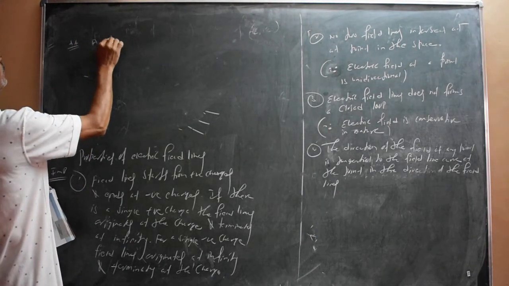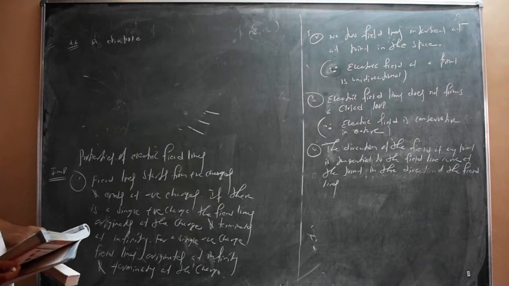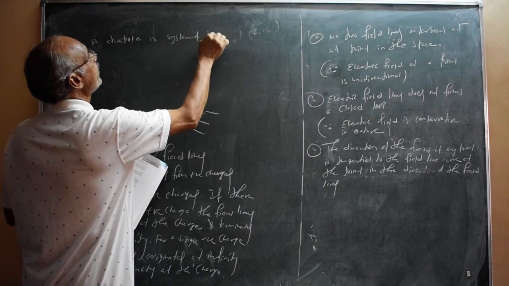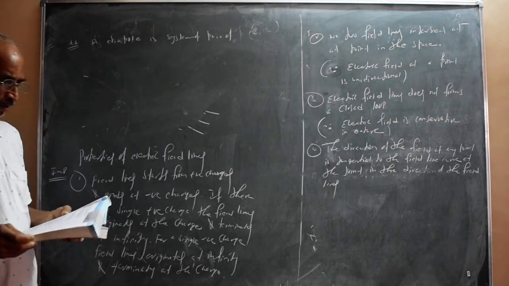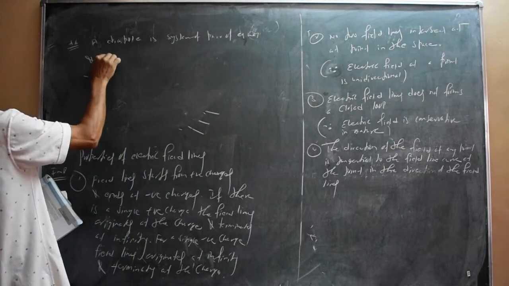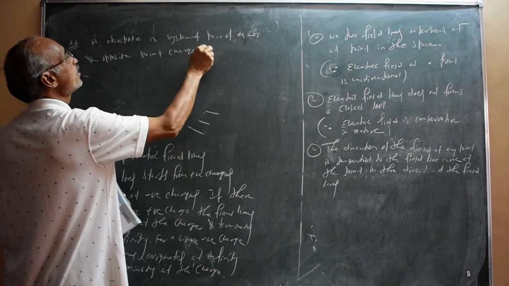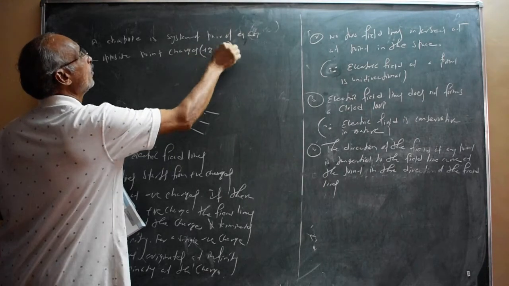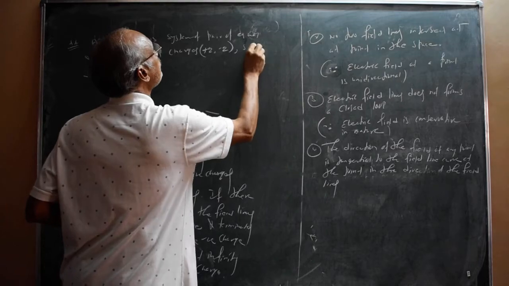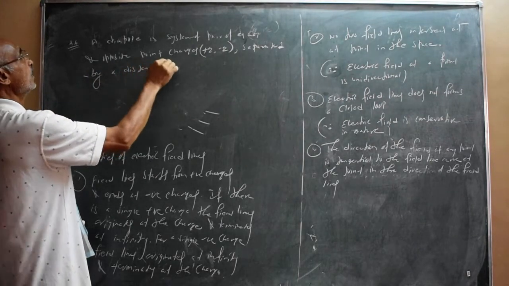A dipole is a system of a pair of equal and opposite point charges, plus q and minus q, separated by a distance 2a.